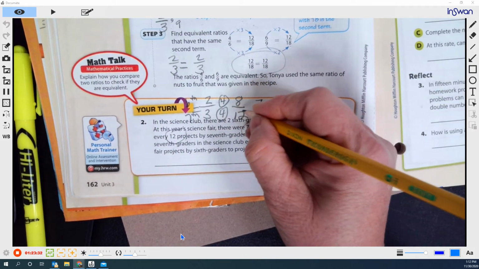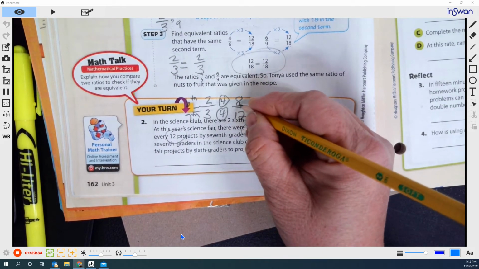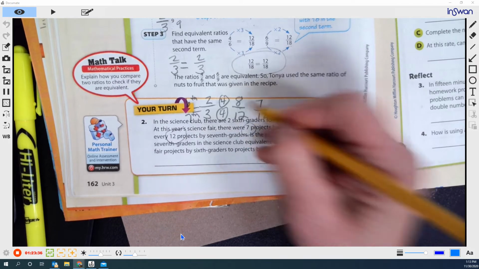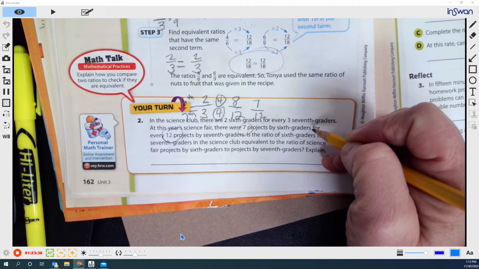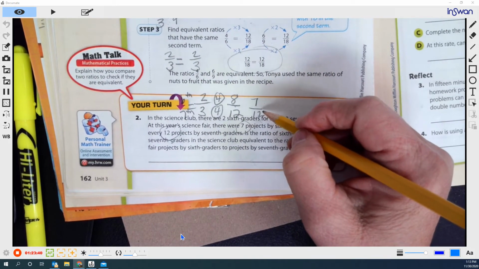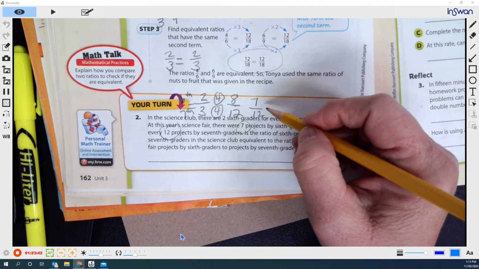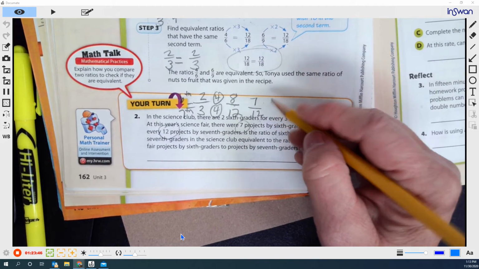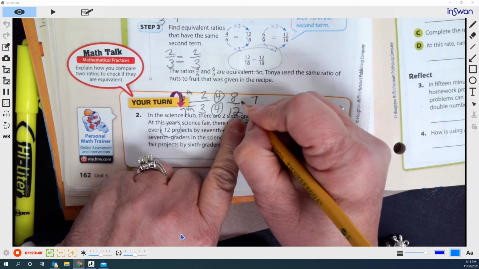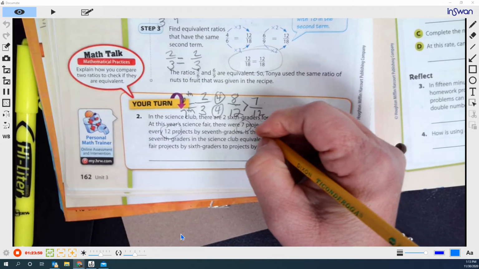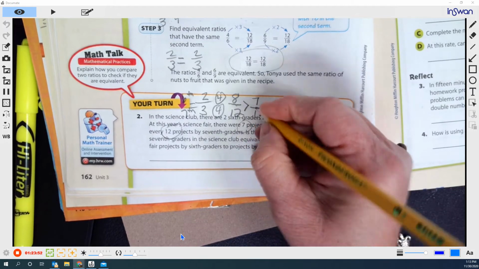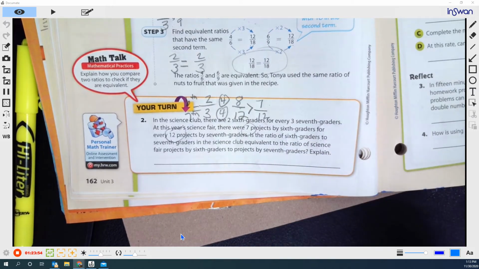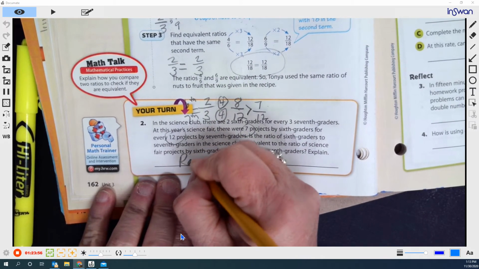So here you have a higher concentration of 6th graders who are in the club than 6th graders who actually did the project. Does that make sense? So that would mean 8/12 is greater than 7/12. So the ratios are not equivalent.